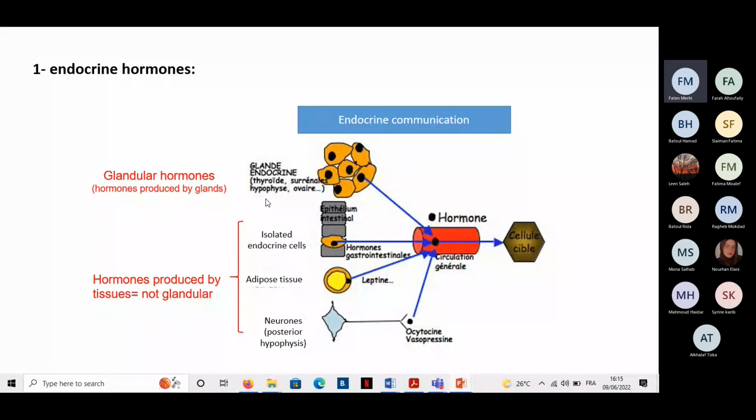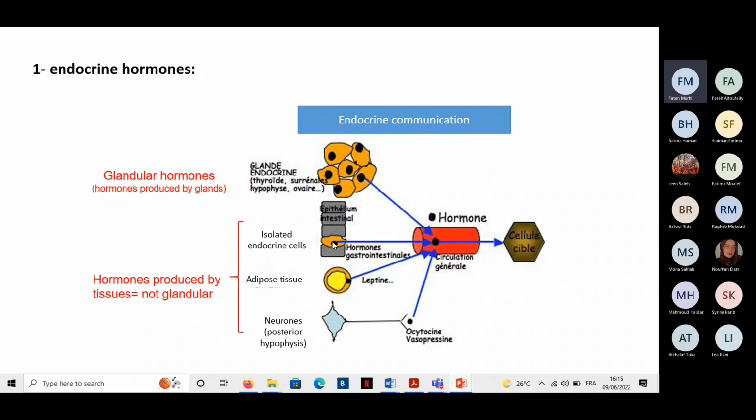But we have other hormones that are also endocrine. They pass in the blood circulation, but they are produced by endocrine cells, which are not part of glands. We can have, for example, scattered cells in a certain tissue, but those cells have the ability to secrete hormones.